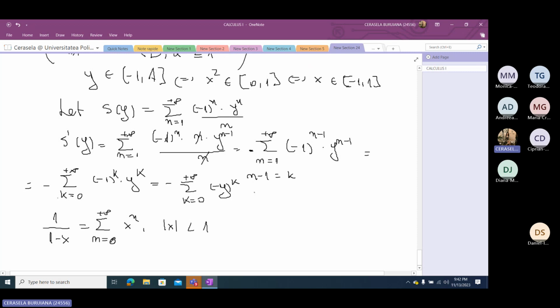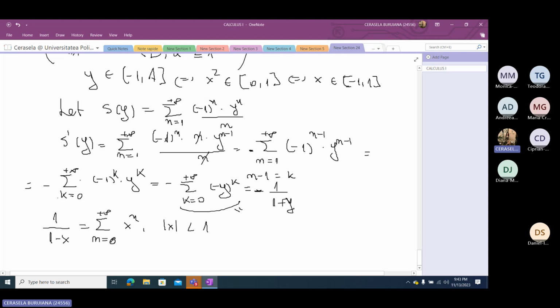But in my case, it doesn't matter if I have x or y, which variable I have. But now, because I have here minus y, can you tell me how much this sum will be, by using the previous formula? 1 over 1 plus y. Exactly, it will be 1 over 1 plus y. Good.